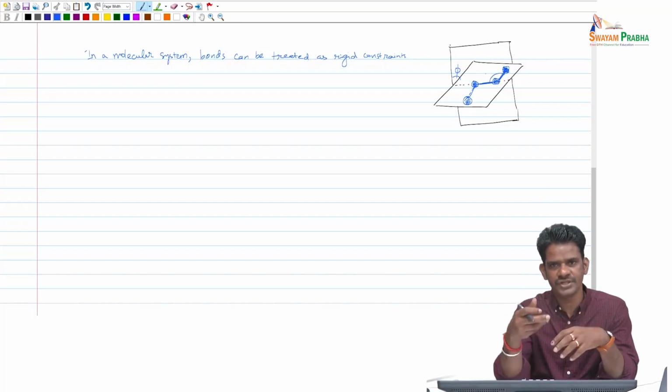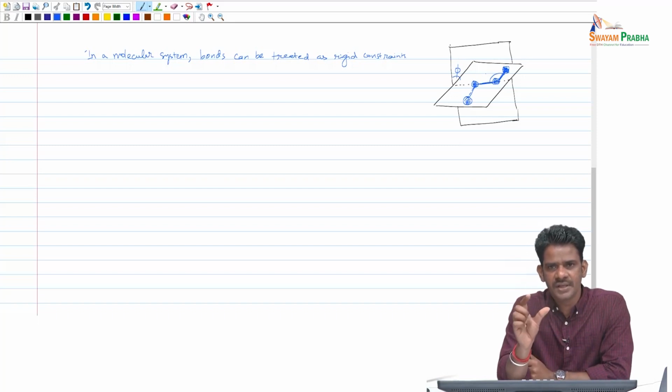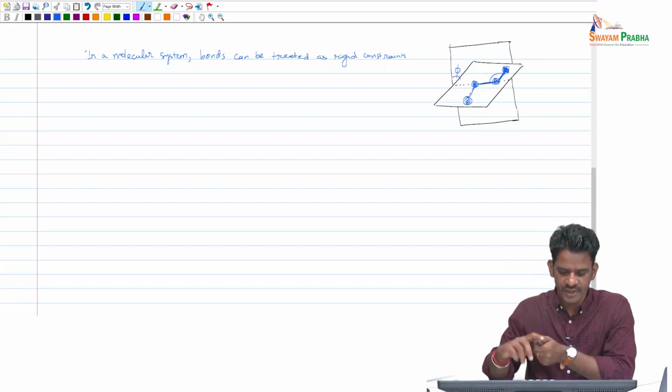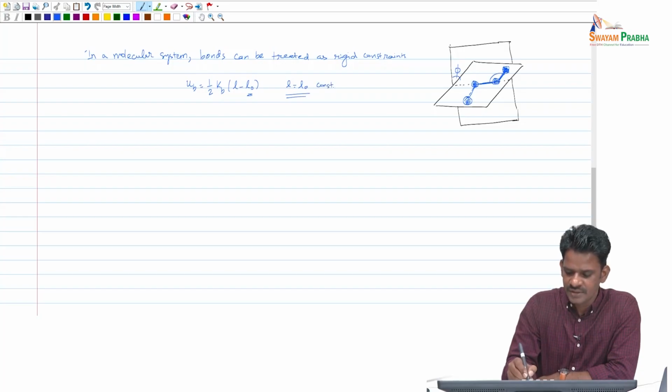It can also undergo torsion, but if you look at one particular bond, it is always fixed at a particular equilibrium length. So, we do not have to explicitly describe the bond potential. The bond potential we defined before is not required anymore, because we are going to always keep the bond at L equal to L naught. So, this is the constraint we want to impose.